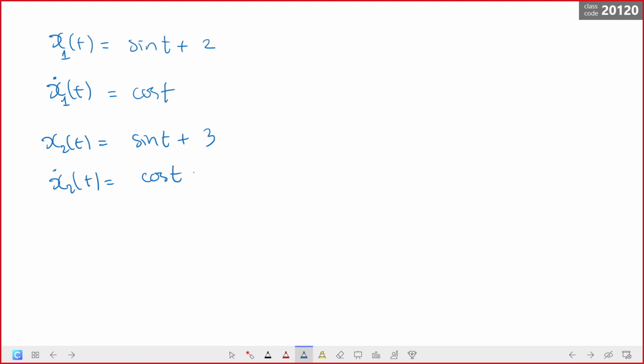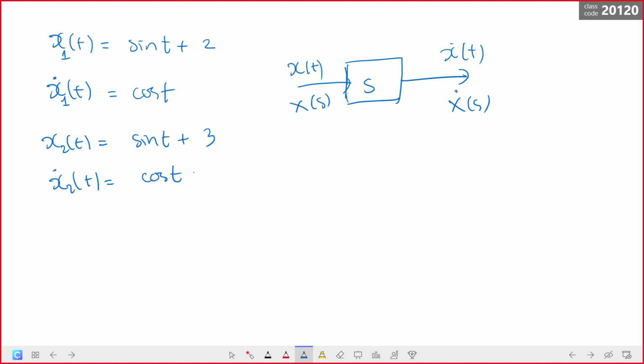What does this imply? It implies that if we can measure the output, let's say we measure the output h dot of t, or you can say h dot of s, and here is the derivative. So here is h of t or h of s.